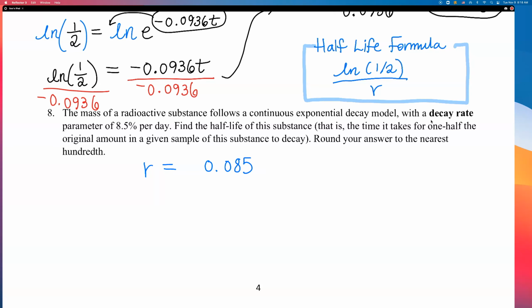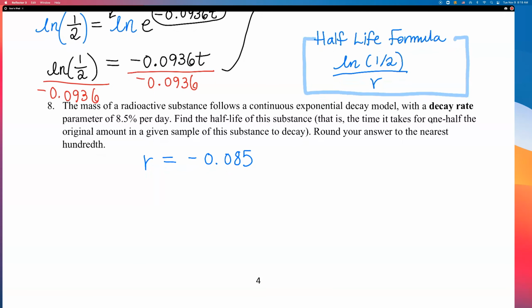So what do I have to put in front of this number to make it a decay rate? I better put a negative in front of it. If I don't, my answer will have the wrong sign. Just to be sure, make sure r is negative when you're doing a decay rate.